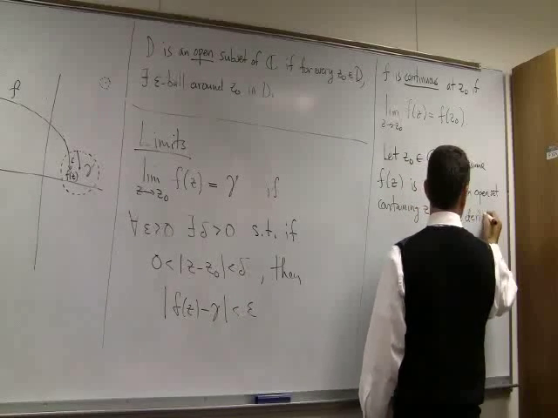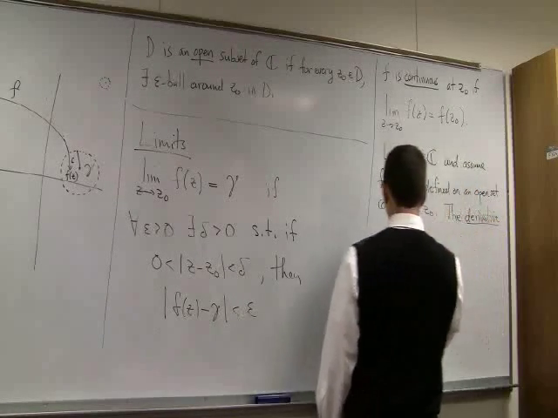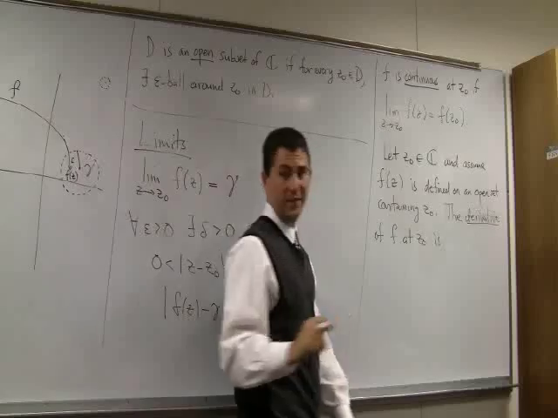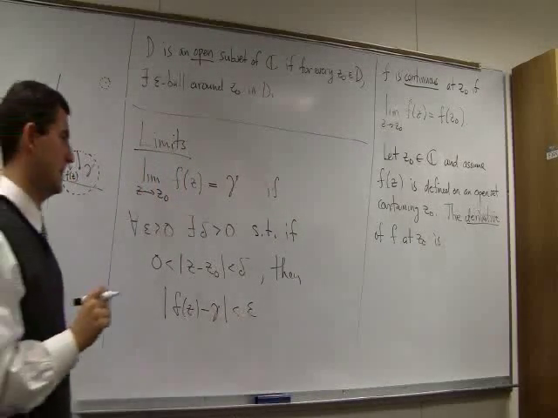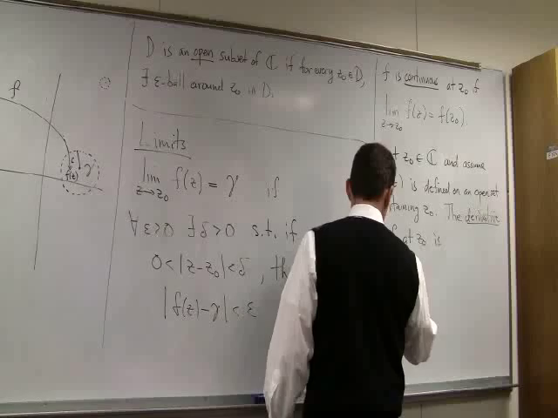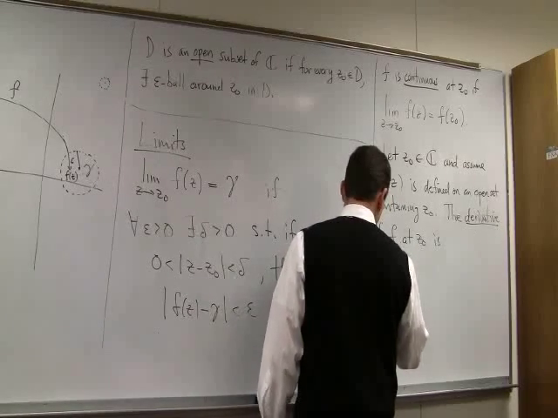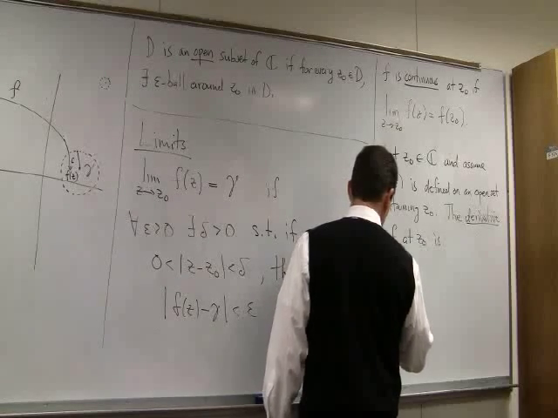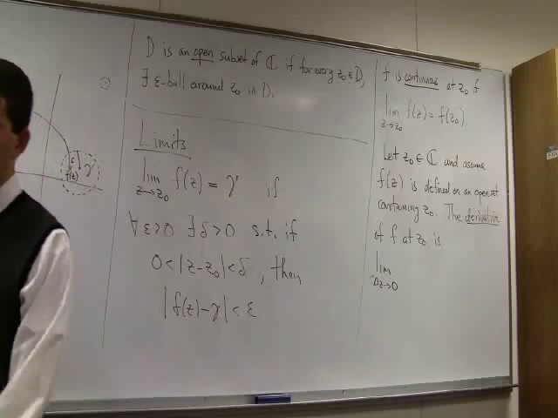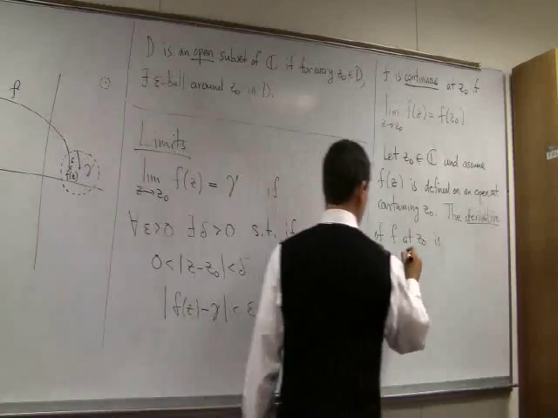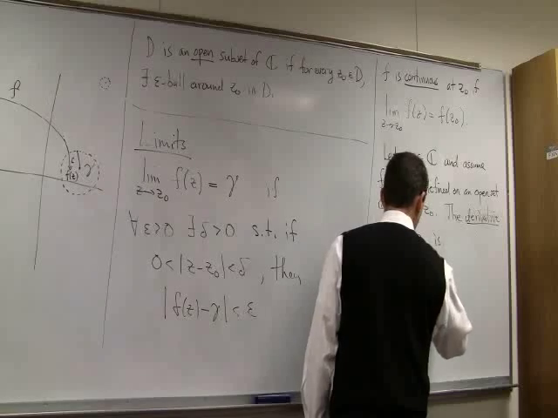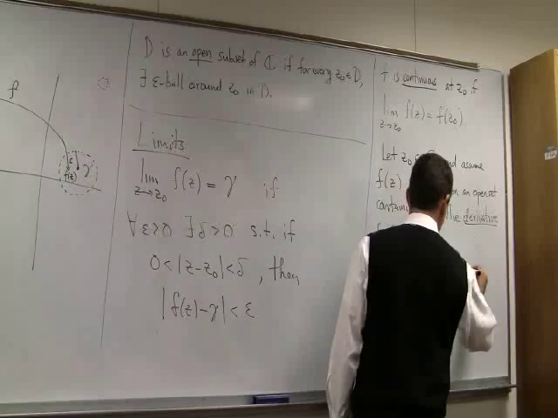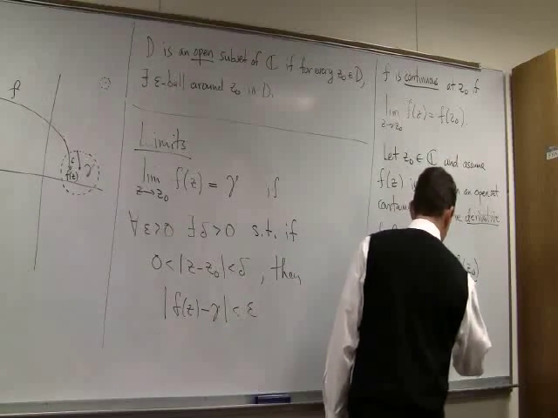The derivative of f at z naught is, now this is going to surprise you, the limit as delta z, a small change in z, goes to 0 of f of z naught plus delta z minus f of z naught, divided by delta z.